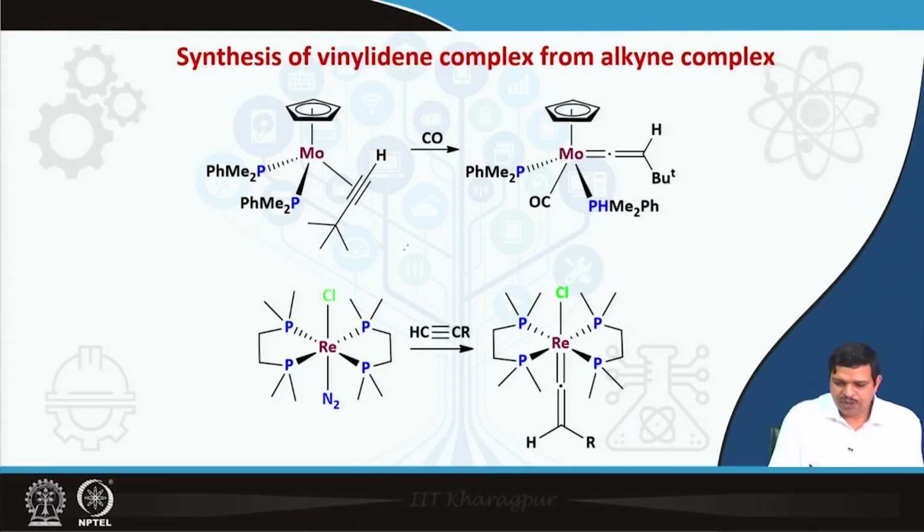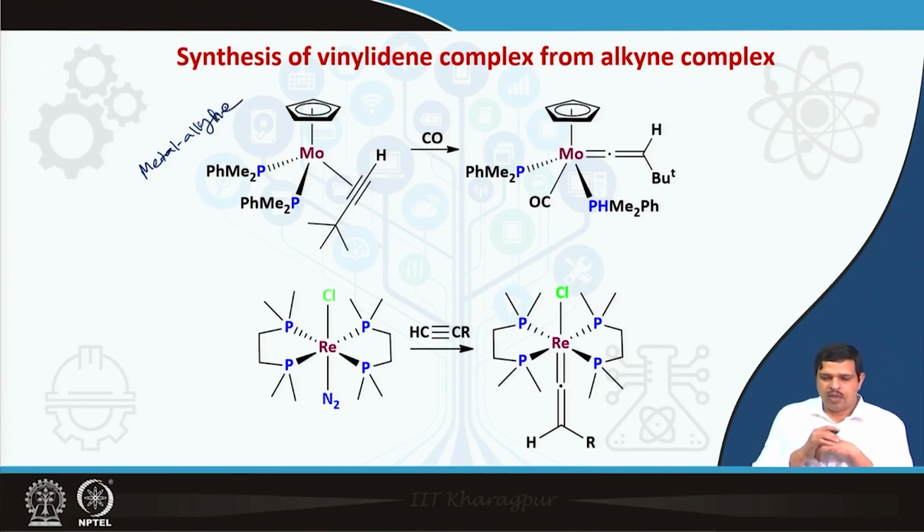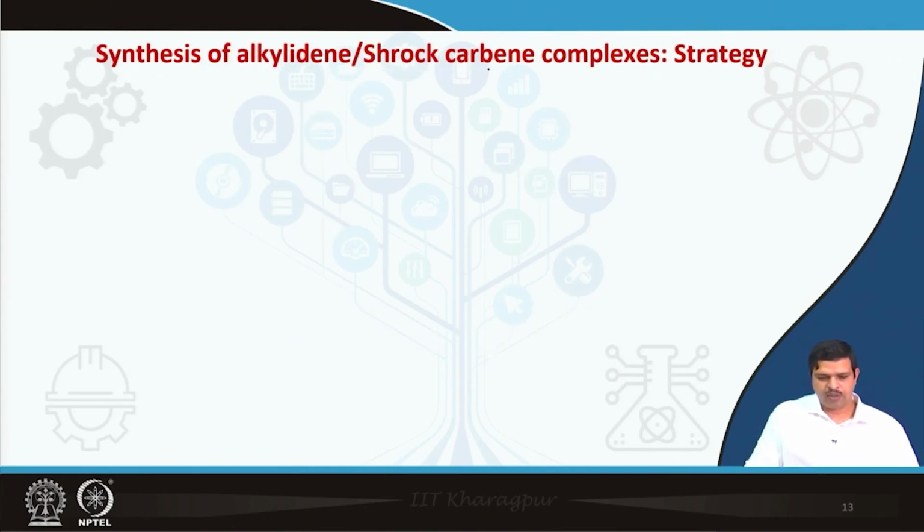The vinylidene complexes are generally synthesized from the alkyne pi complexes, and here you will see that in the presence of carbon monoxide, it forms the vinylidene fragment. So this is a route to make the vinylidene complexes from the alkyne complexes. Okay, so now I will come to the Schrock carbene.